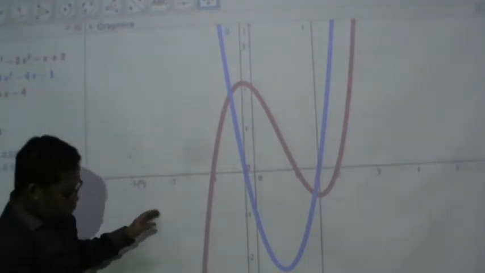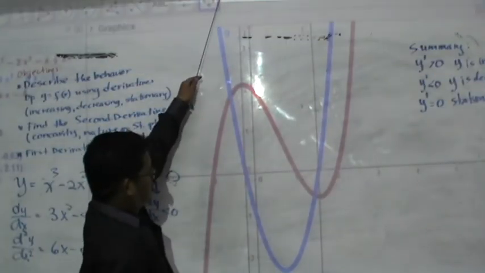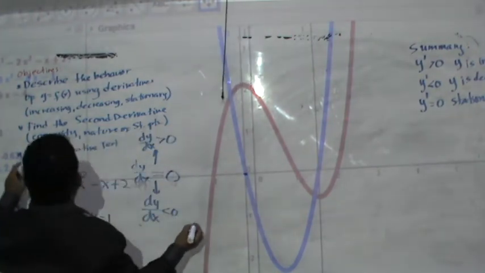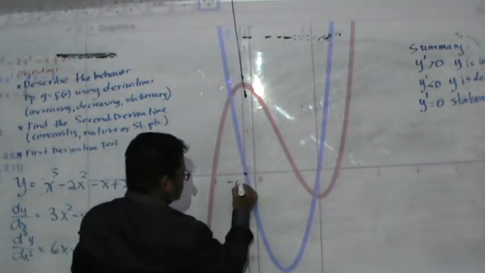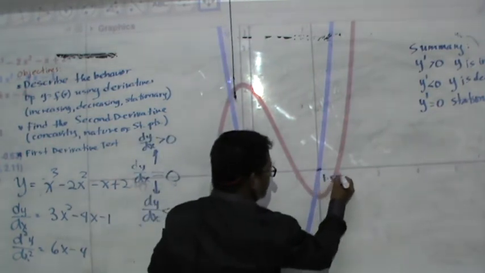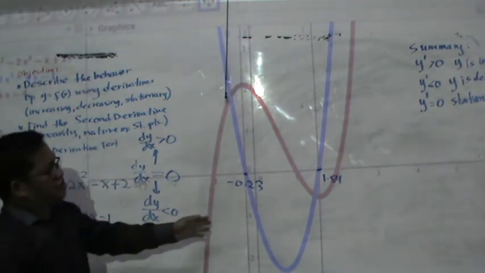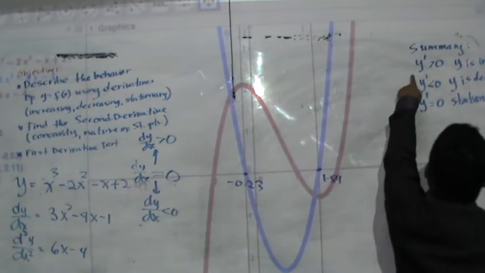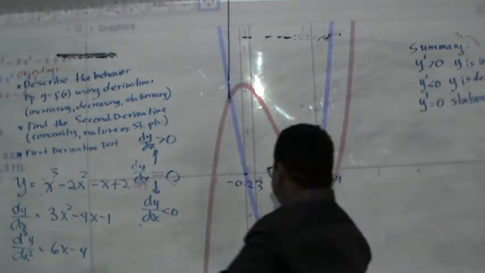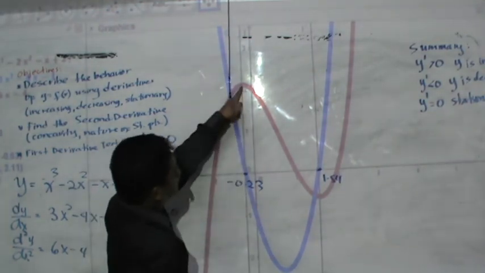So therefore, when you look at the question, let me just write it down. This point there is negative 0.23. This point there is 1.54 or 1.55, right? So the values of x where the y is increasing is from here up to this value.